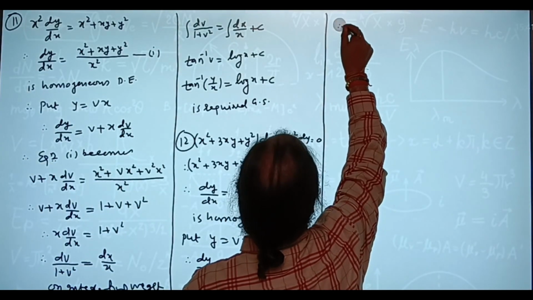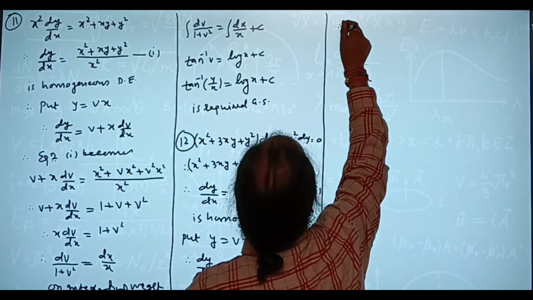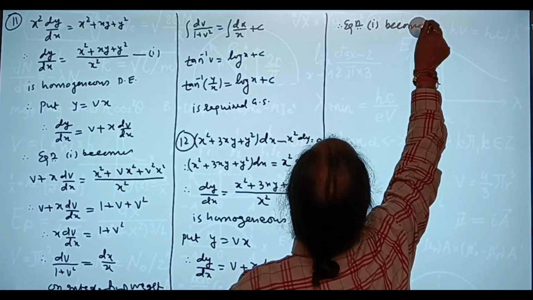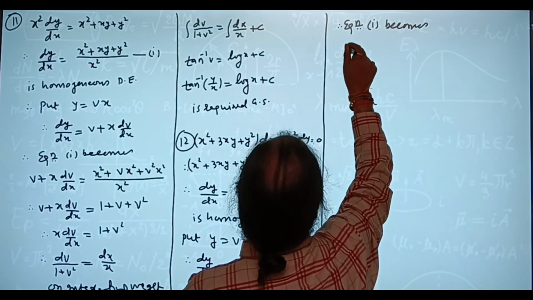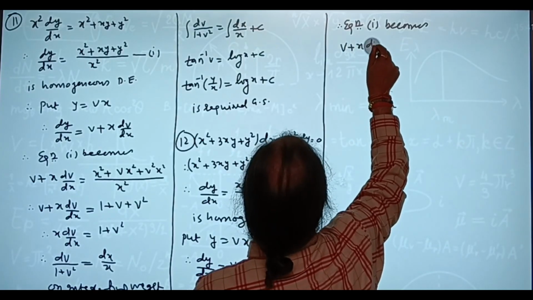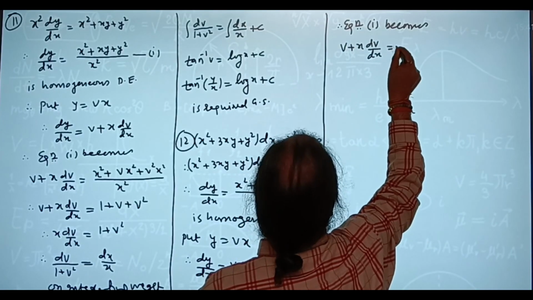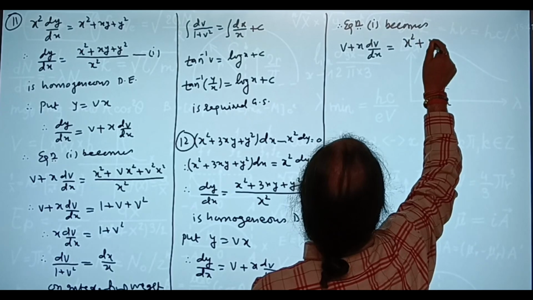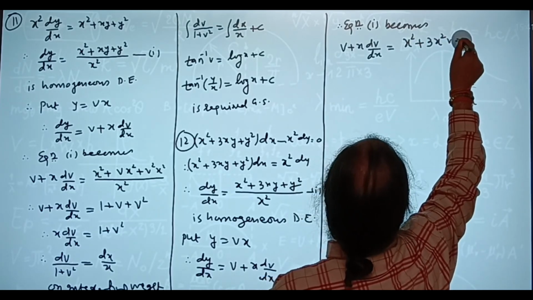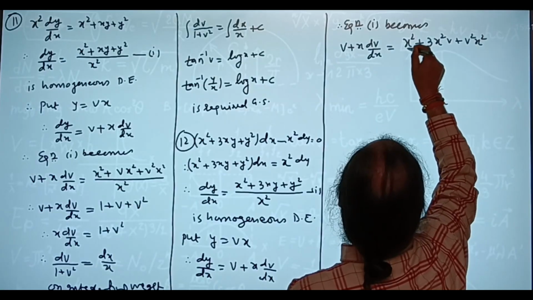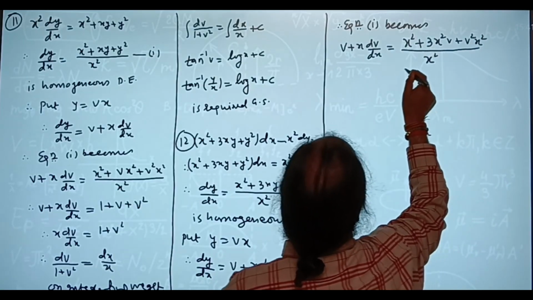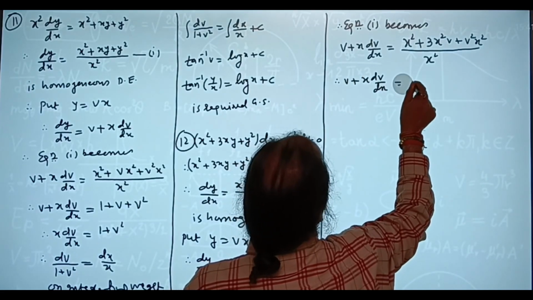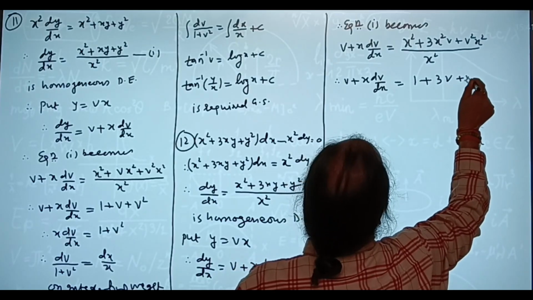Therefore equation 1 becomes v plus x dv by dx is equal to x square plus 3x square v plus v square x square upon x square, so v plus x dv by dx is equal to 1 plus 3v plus v square.